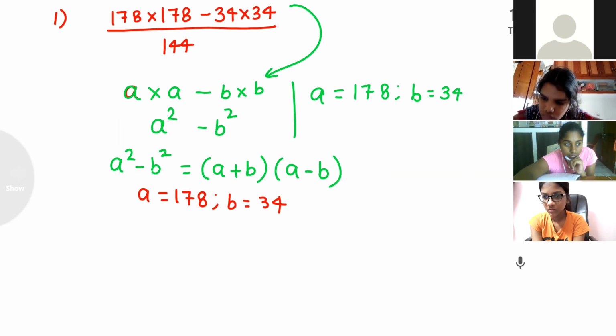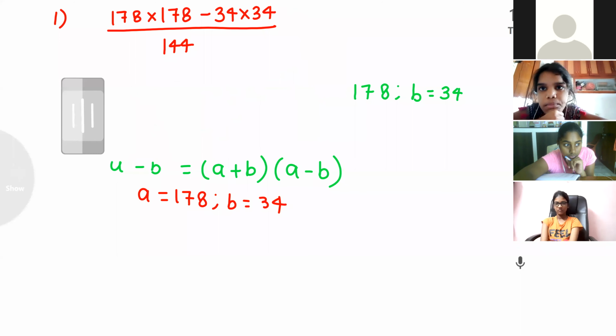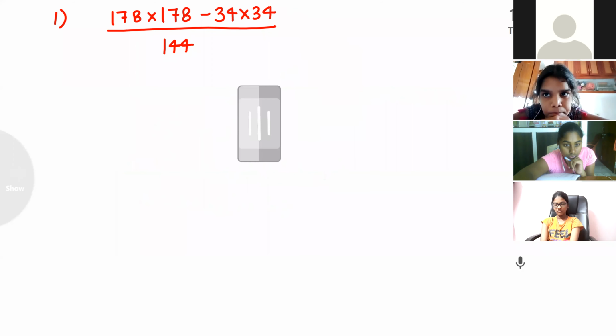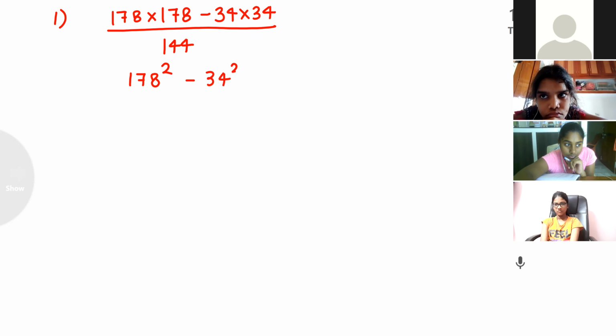It means in the numerator I want to apply the a square minus b square formula. Concentrate everyone here, don't write anything. First observe how to catch this question, which formula we are going to apply. We are observing here 178 square minus 34 square divided by 144.